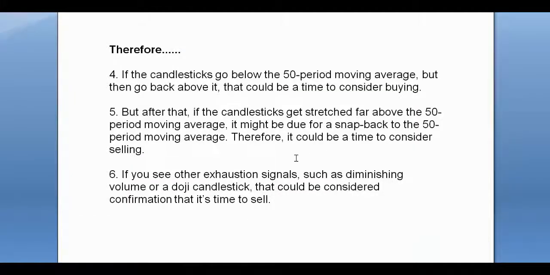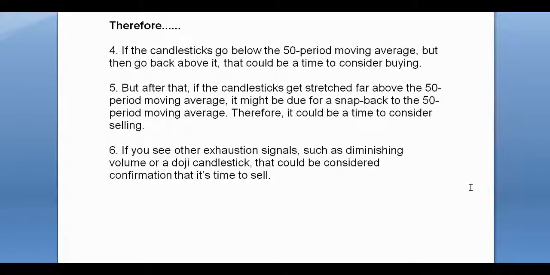Therefore, that could be a time to consider selling, okay? So on one hand, you don't want to be a seller above the 50 unless perhaps it goes so far above the 50 and there's a lot of space there that maybe if you took a long position when it first went above the 50 and you did well, maybe it's time to consider taking some profits because you don't want to be greedy because it might snap back.